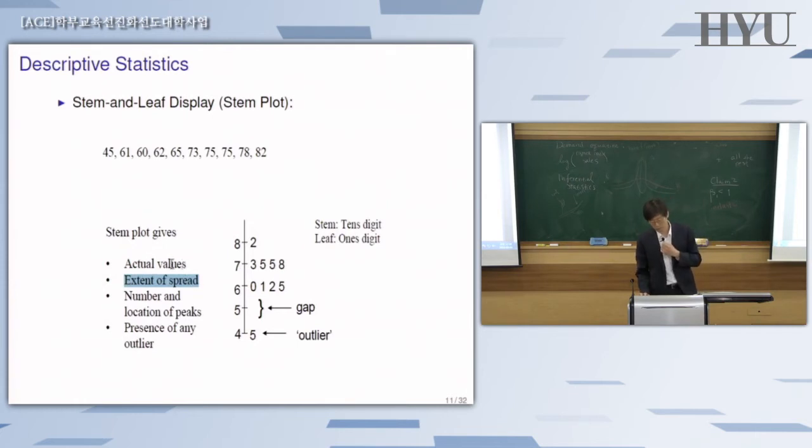But one of the good things that we can expect by displaying this information, using this stem and leaf display, is that it's easy to see what's the amount of spread in this particular sample. Because the peak is around here, the 2 outliers are here at the maximum value, down to the minimum value of 45.